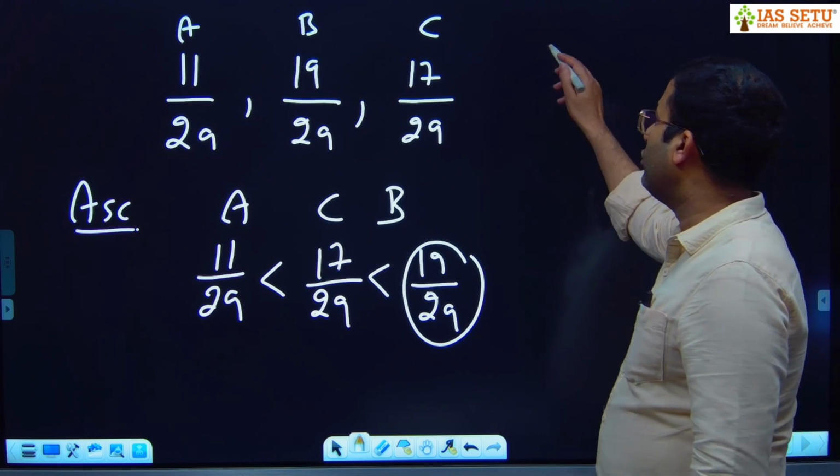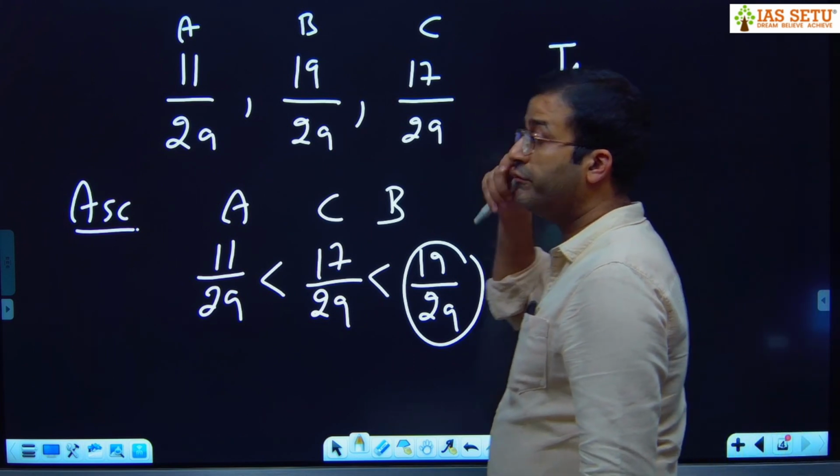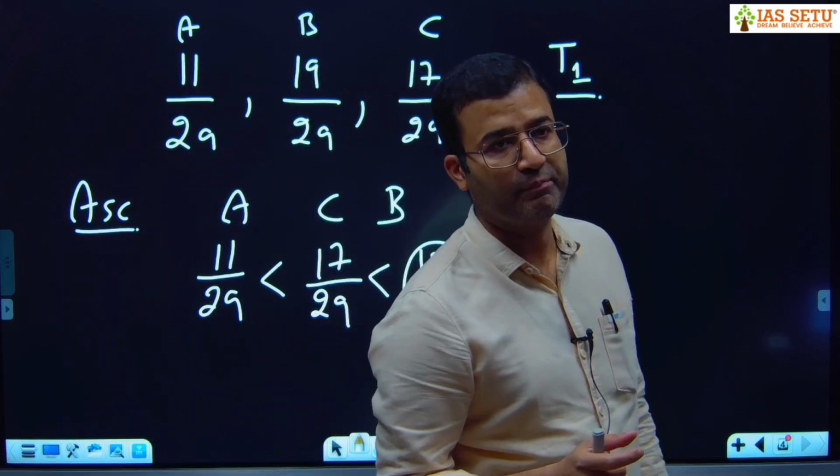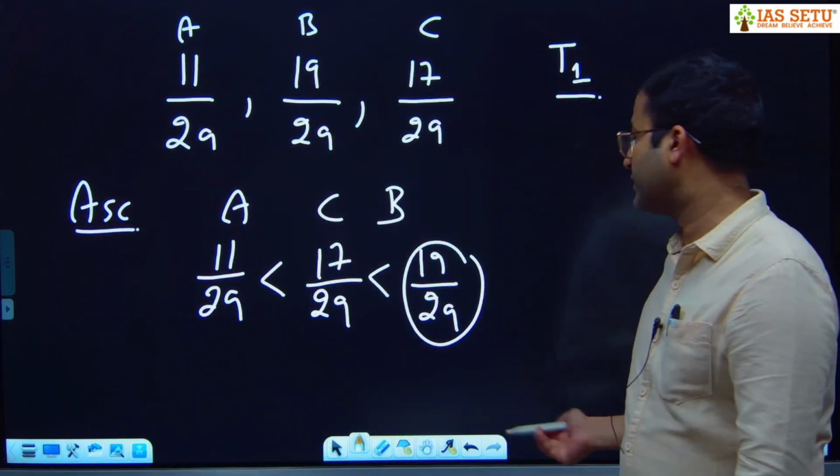So that is how we can apply type 1, where the denominator is the same. Sometimes our denominator is not the same, but we can make it the same.